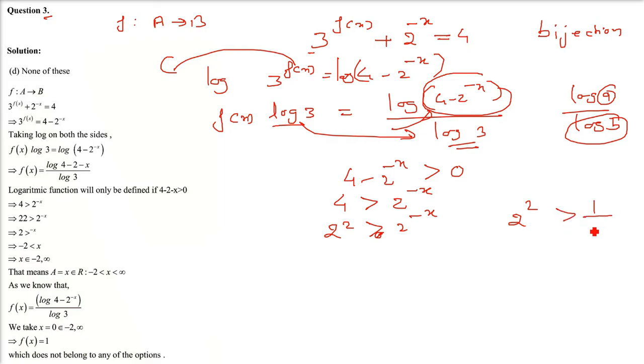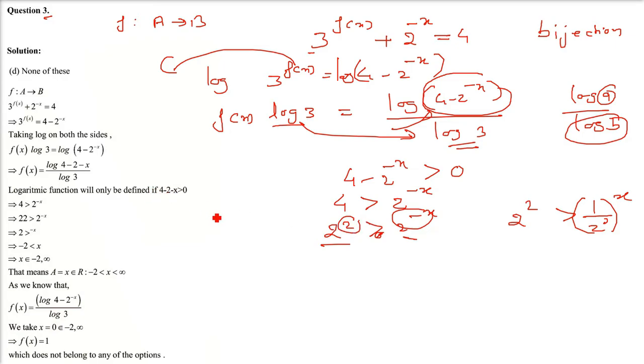There were multiple ways, you can write it as 2 to the power something, this also you can try. But the logic here is that if the bases are the same, the powers can easily be compared with the same inequality, because the bases are the same. So I'll just write 2 should be greater than minus x, because the bases are 2.